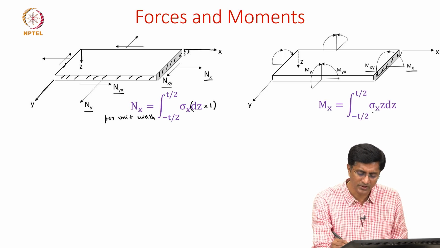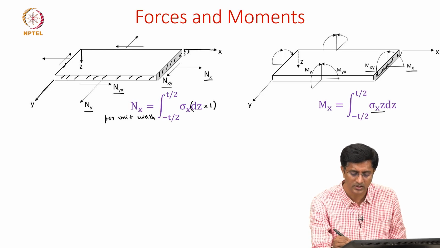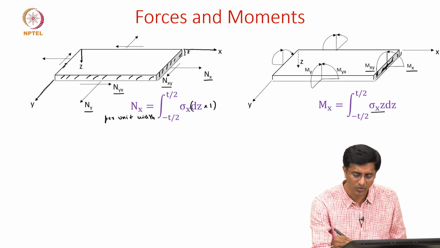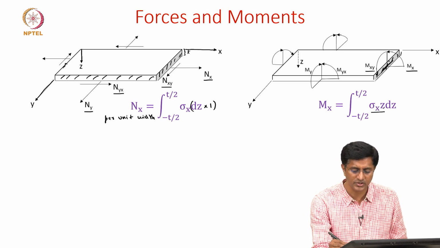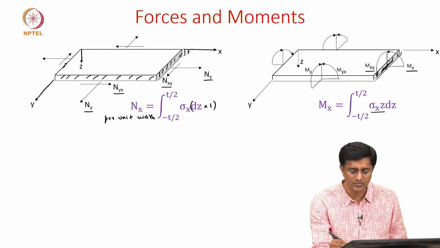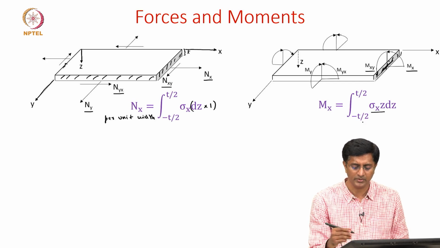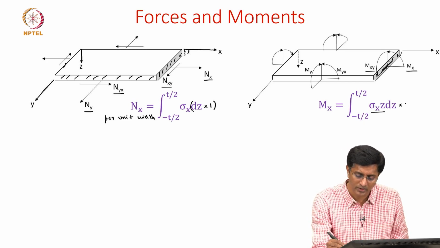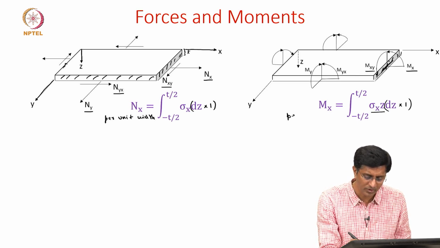The moment is given as stress times the distance from the mid surface. So let's say this is the mid surface. Any point we take, how far it is from the mid surface is represented by this value z, and that times the stress times the cross section area will give you the moment. And here too we are taking dz times 1, where 1 is the unit width. So this is the moment per unit width.